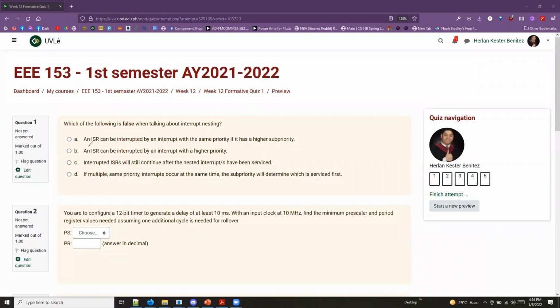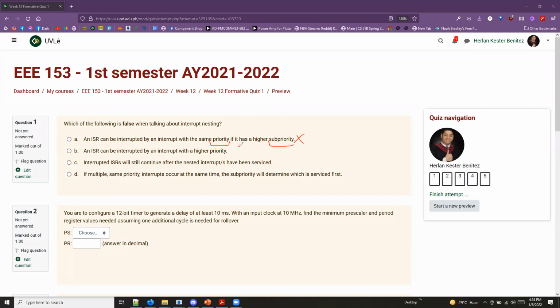The first statement is that an ISR can be interrupted by an interrupt with the same priority if it has a higher sub-priority. This is actually false. The difference between sub-priority and priority is that sub-priority is only relevant when two interrupts occur at the same time.